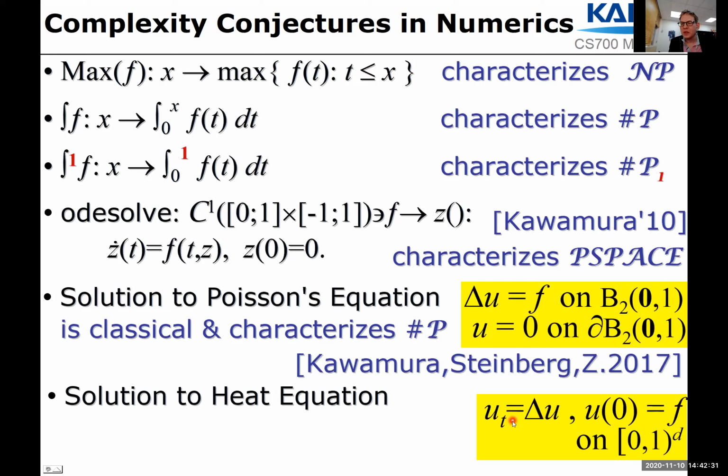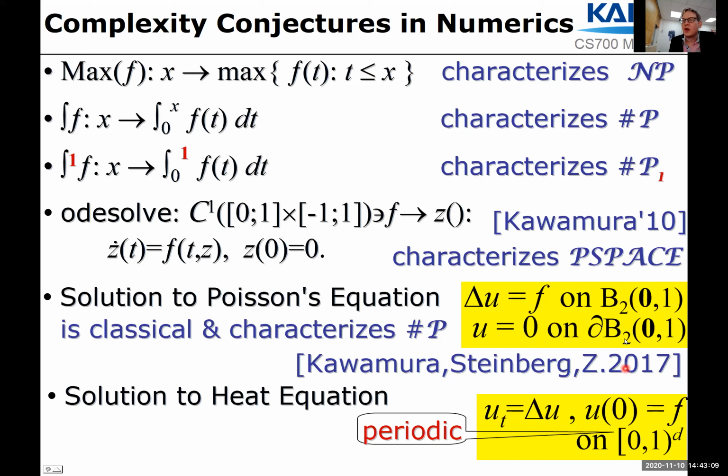Here's the heat equation. The heat equation has a designated variable which is commonly denoted time. So it's second order in space, first order in time. We have not an inhomogeneity as in Poisson's case, but instead a non-trivial initial condition f, which is the input parameter to the PDE. We're going to consider the heat equation on the periodic d-dimensional hypercube with periodic boundary conditions.